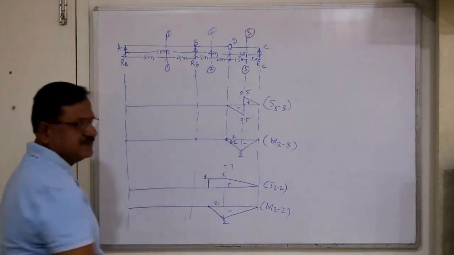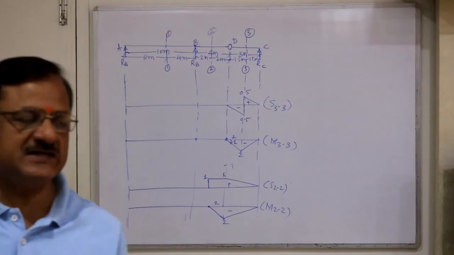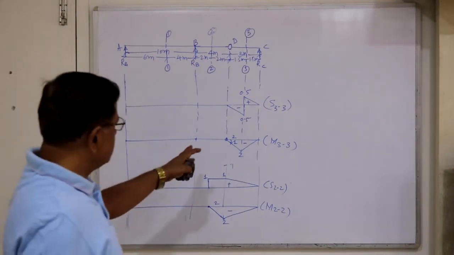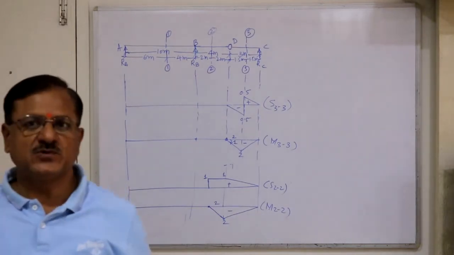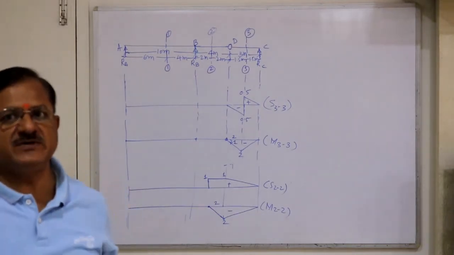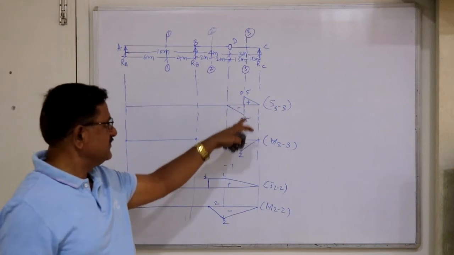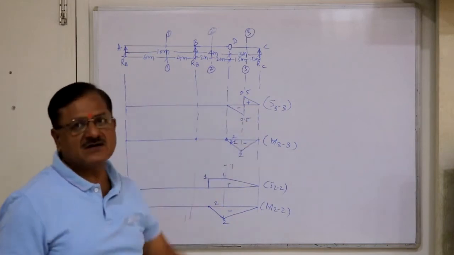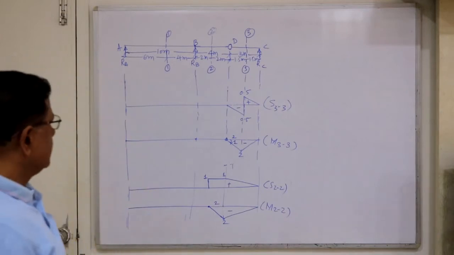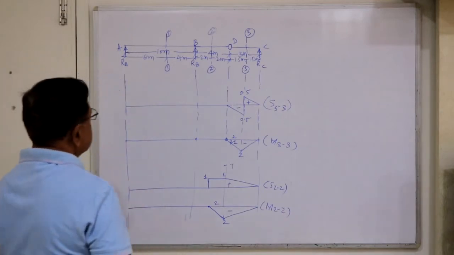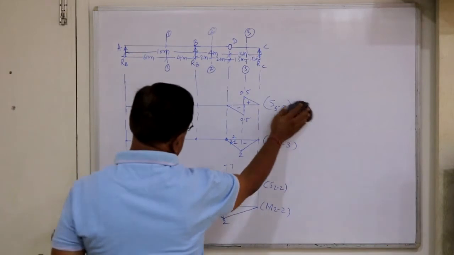So up to the hinge there is one rigid bar, it should remain, so it will not be disturbed. That means whenever there is loading on the left of D, shear force and bending moment at section 3, 3 will always be 0. So this shear force and bending moment will occur only when the load is on CD. Okay, now these are the influence line diagrams.